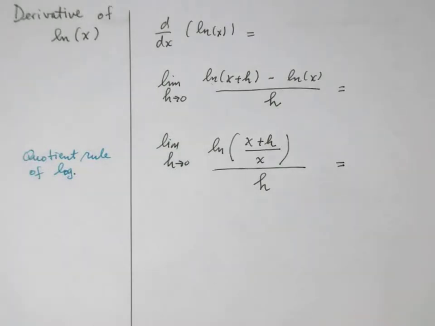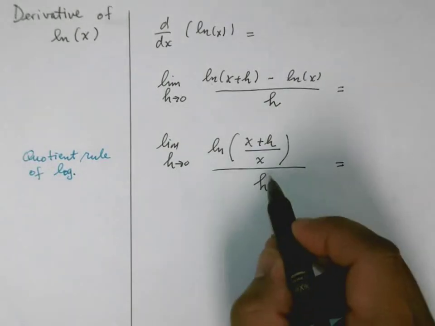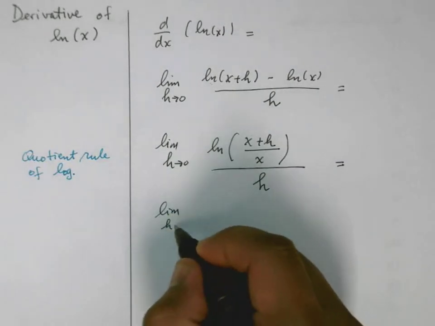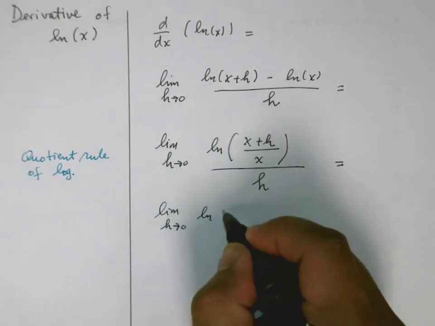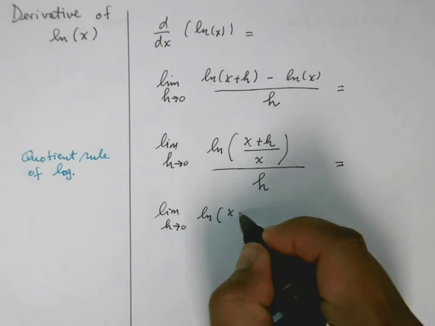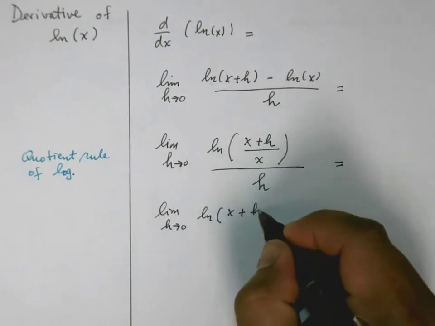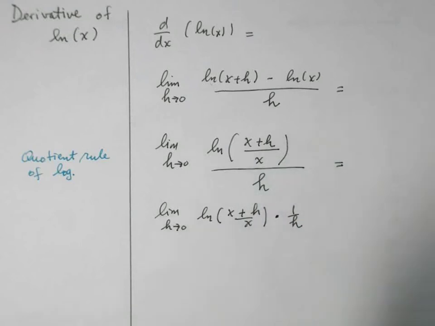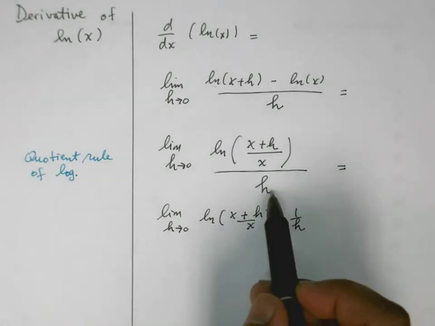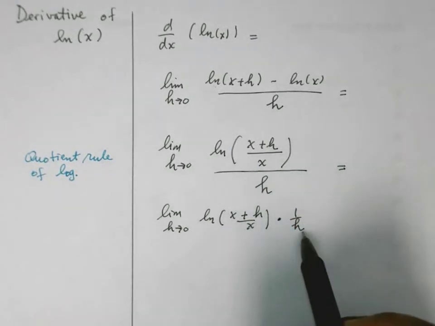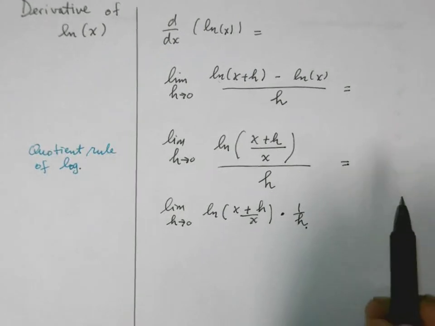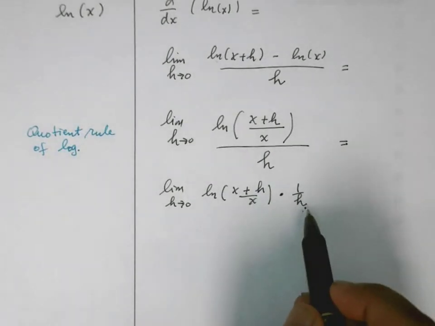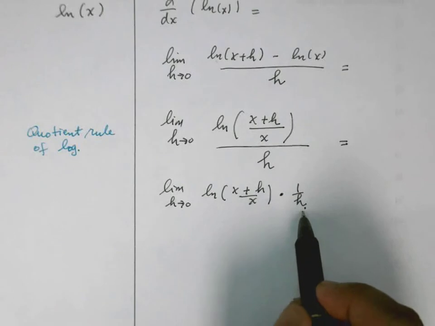I am going to just pull the 1 over h out here so that it's a little bit easier for us to see. So this is the natural log of x plus h over x times 1 over h. All I did was, rather than dividing by h, we're going to multiply by 1 over h. But wait a minute, whenever we multiply a logarithm by something, we can also rewrite this.